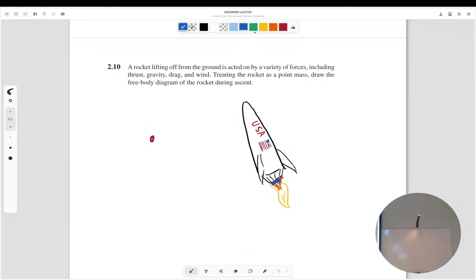Should we assume that the rocket is going up at a vertical angle, or maybe angles? I like to start assuming that it's not vertical, but you can go vertical.